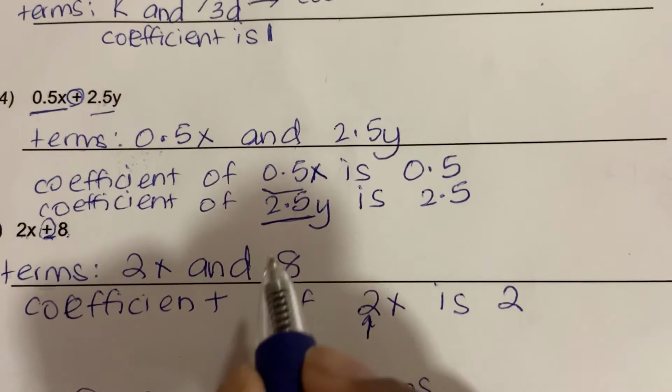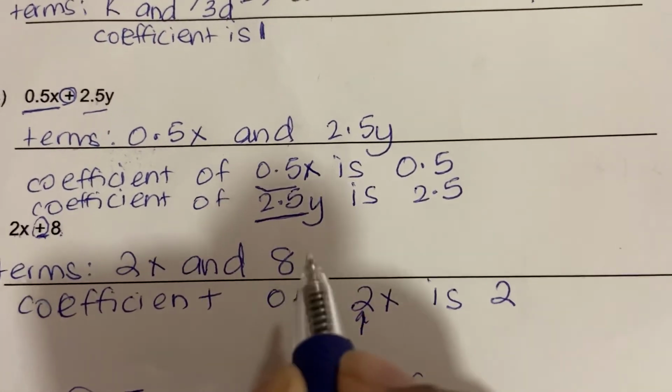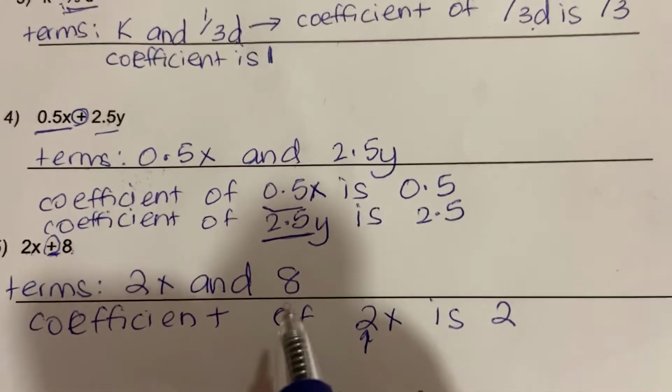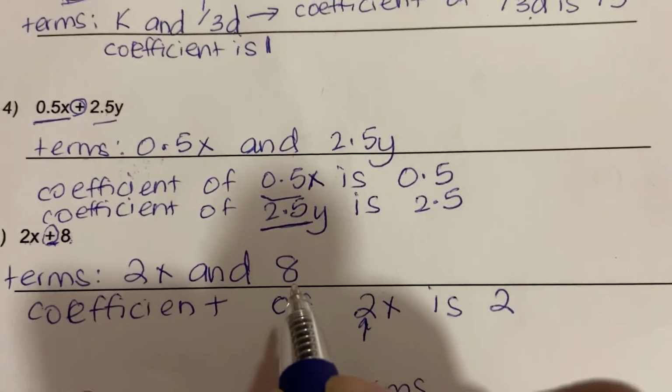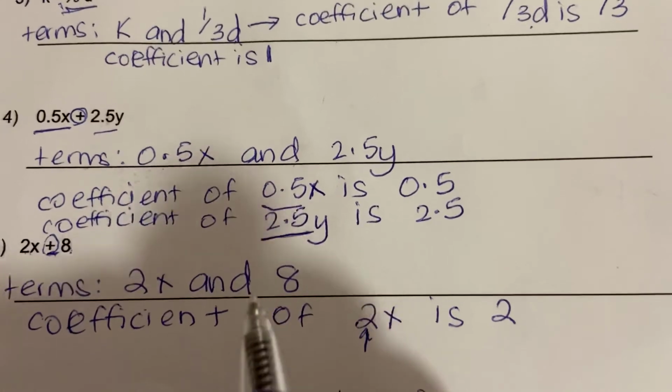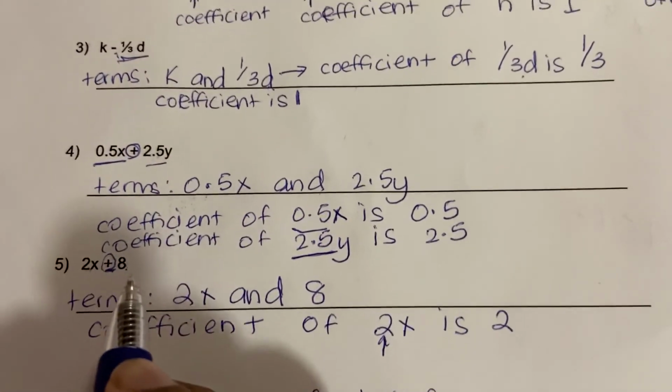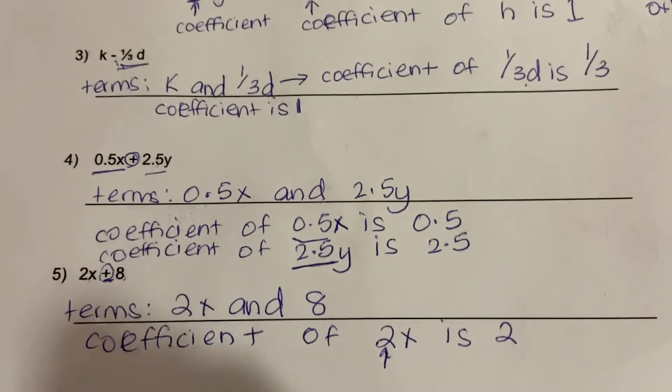What about 8? Well, what's getting multiplied to the variable? There is no variable. There's no coefficient here. This is just a number. Remember, a coefficient is what's getting multiplied to a variable. So in this case, 2x plus 8, there are 2 terms, 2x and 8.